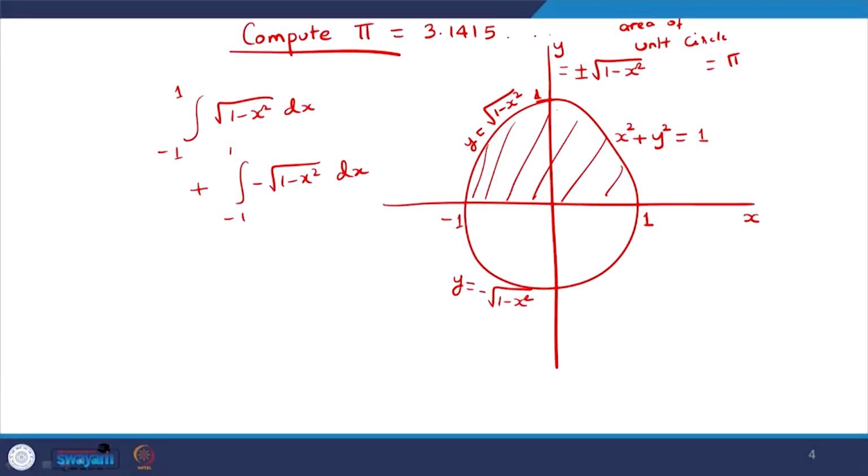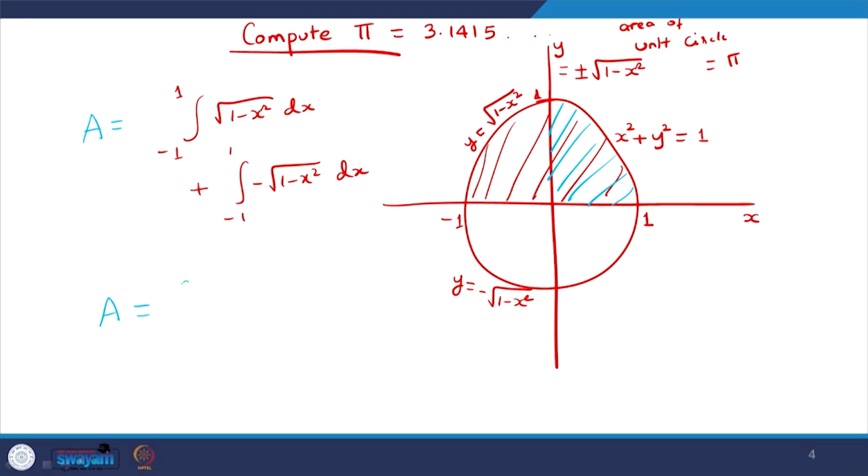But for this particular case there is an easier way of doing it, and that is we simply compute the area of a quadrant, because ultimately if I compute the area of this quadrant, the area of the circle is going to be 4 times that, right. So, instead of doing 2 integrations, we can do just one integration for this particular quadrant.